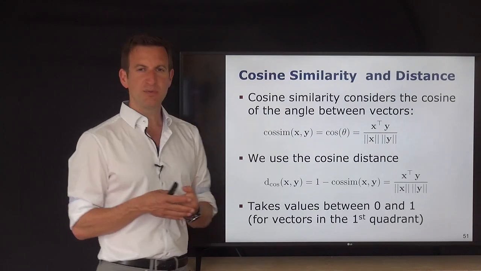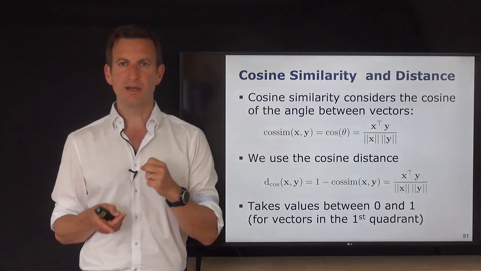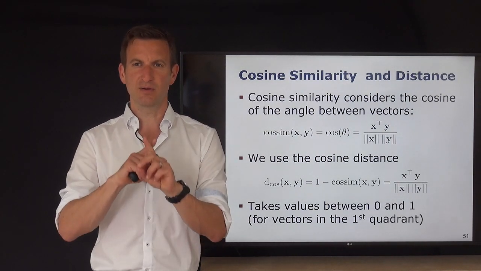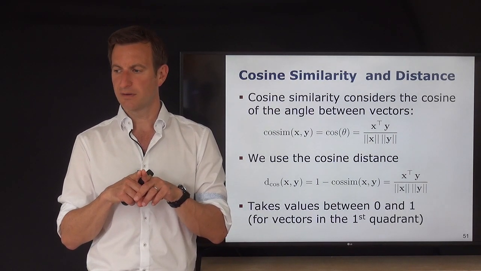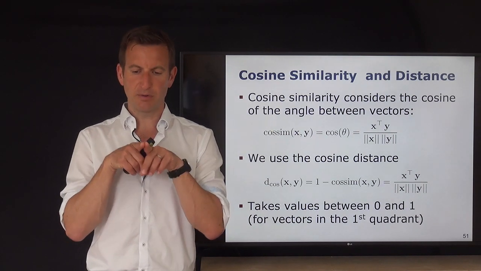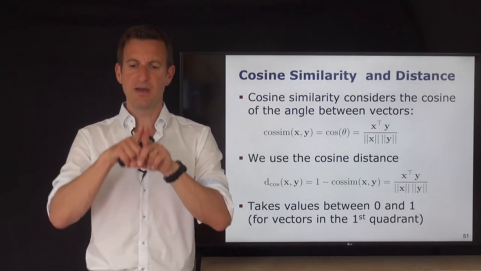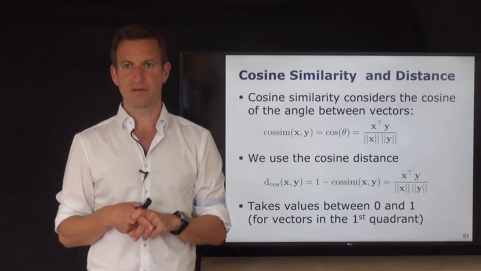The cosine similarity will give me a value of 1 if the vectors point in the same direction, so the vectors are the same, and will give me a value of 0 if they are orthogonal to each other.